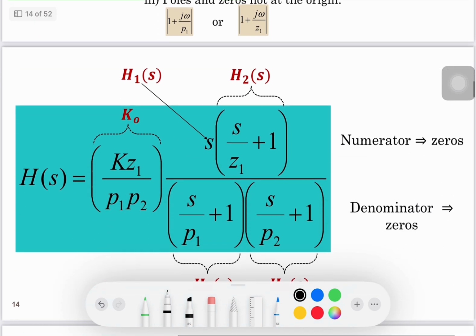Now this is the standard form. The K naught is the constant. This one becomes the numerator, which is the zeros, and the one below becomes the denominator, which is the poles.